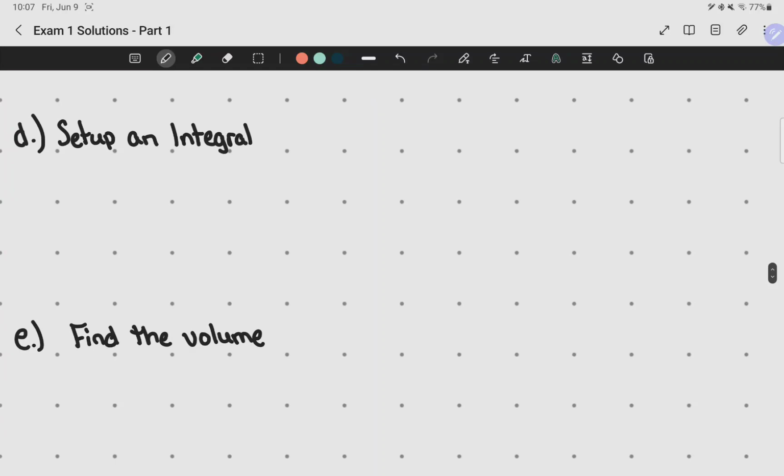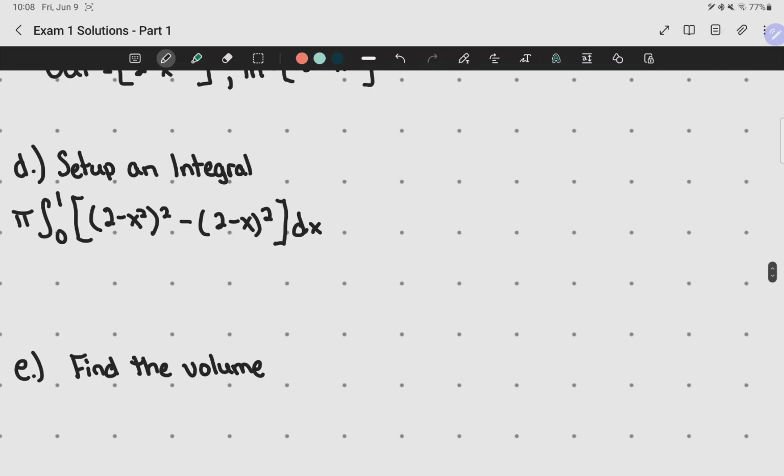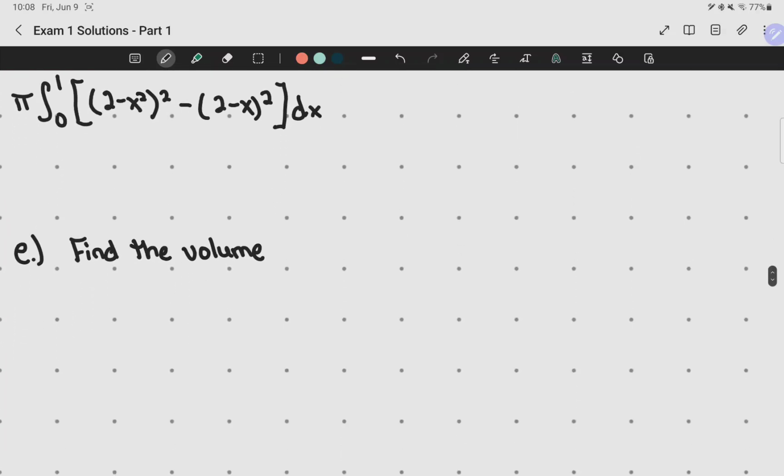Now we can set up our integral. Pi, from 0 to 1, our outside function 2 minus x squared, squared, minus our inside function 2 minus x, squared as well, dx. Now we can go ahead and solve.